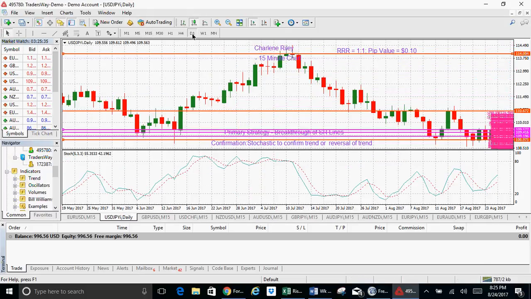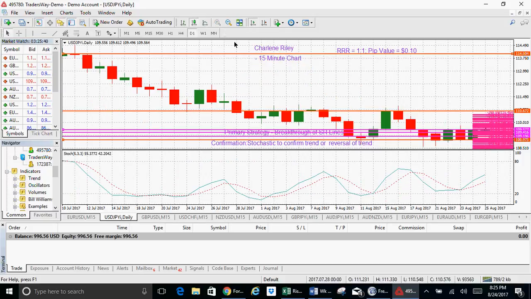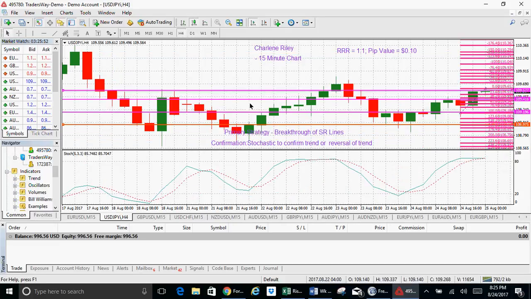Doing my multi-frame analysis, I see that overall the market had been in a downtrend, but is currently trying to go upward. And then when I look at the 4-hour, I again see the downtrend, but then the market trying to reverse upwards.